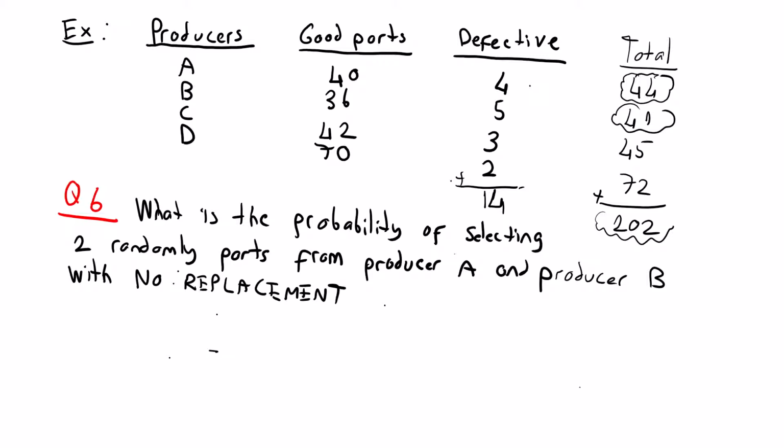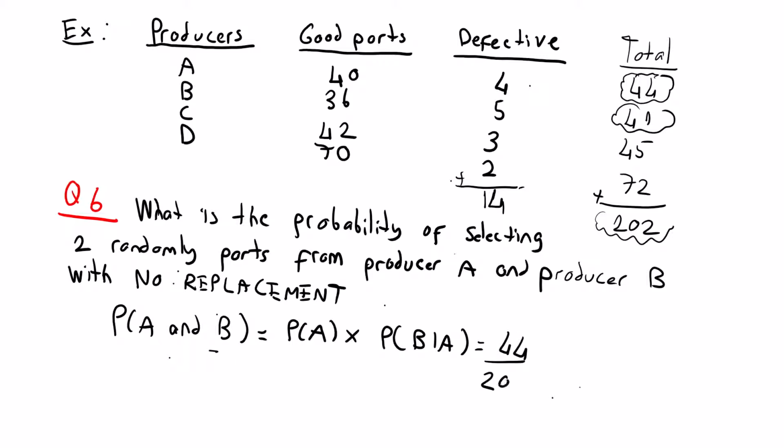The only thing that changes is this portion; the rest remains the same. We're still looking for the probability of A and B, so that means PA times P of B given A. That number is going to be 44 divided by 202, and this time, 41 divided by 201, because we held the item that we selected from the first trial.